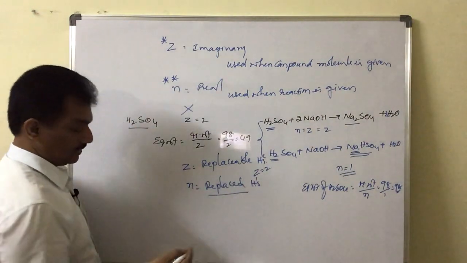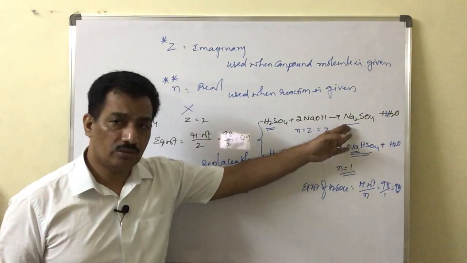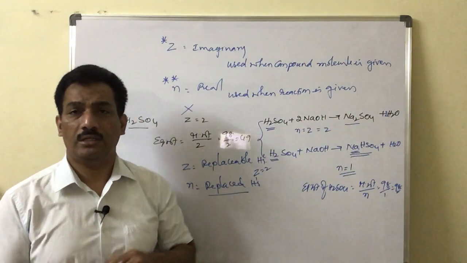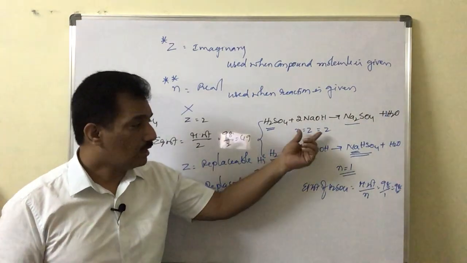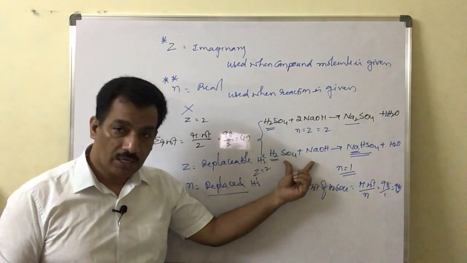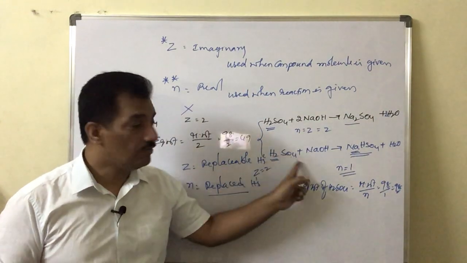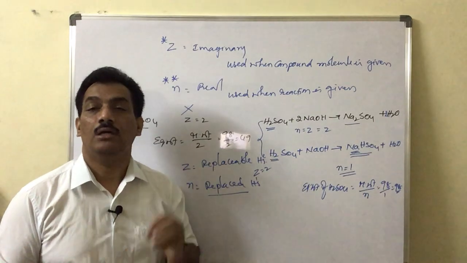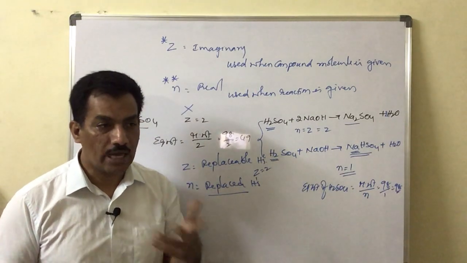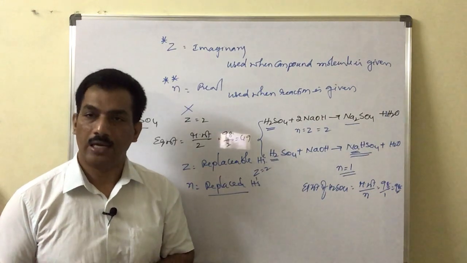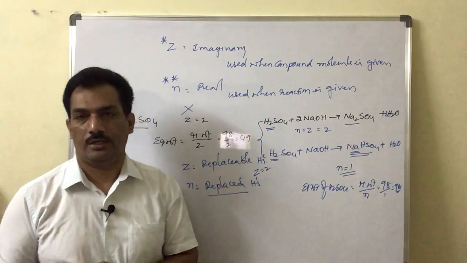A lot of difference is there. When replaceable hydrogens and replaced hydrogens are the same, the Z factor and N factor are the same. But it is not always true. Sometimes this might happen, and thereby when the reaction is given, it is better to depend on the N factor. From that N factor, you can observe what is actually happening in reality, and from that you can calculate the equivalent weight.